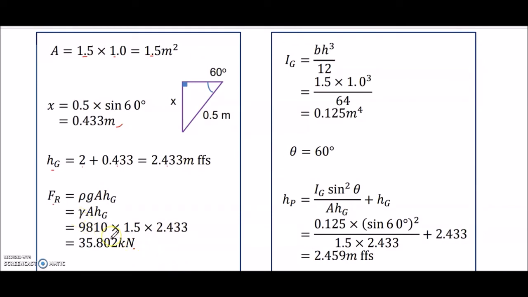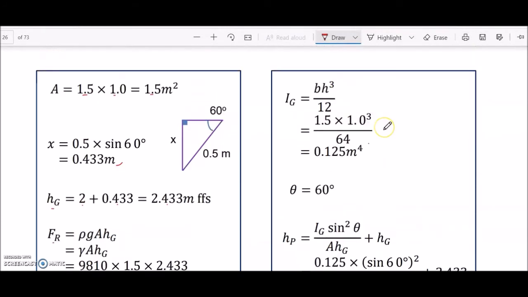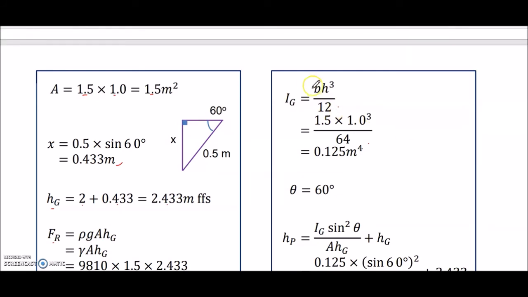So that is your resultant force. Now let's calculate the moment of inertia. By having this formula, you can obtain it from the rectangle moment of inertia: B times d to the power 3 over 12, where d is the depth, so 1.5 times d to the power 3 over 12.